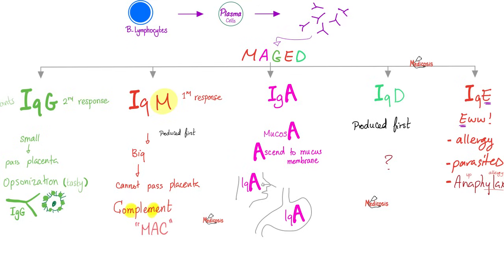We'll tell you in next videos that when the B lymphocyte was naive, it only had two antibodies, MD. It's like a doctor. The naive B lymphocyte is like a doctor, only having an MD. But then, when it recognizes the antigen and matures, it can make all kinds of antibodies. It can have M, G, A, D, and E.